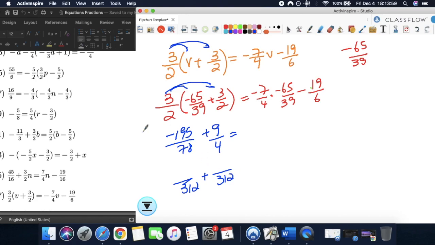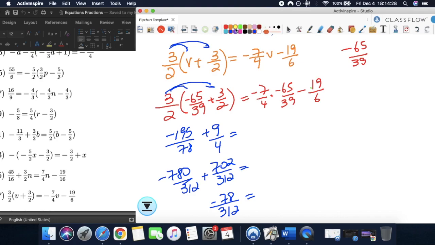So for 78, I'm going to multiply 195 times 4, and I'm going to get negative 780. And over here, I'm going to multiply 4 times the 9 on top by 78. That's going to give me 702. So if I combine like terms, add those fractions, I get 312, and negative 780 plus 702 is going to give me negative 78. I hope we have that same answer.